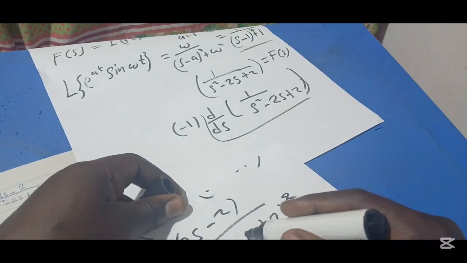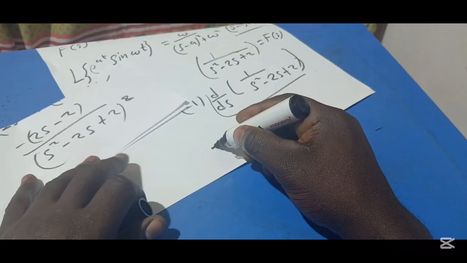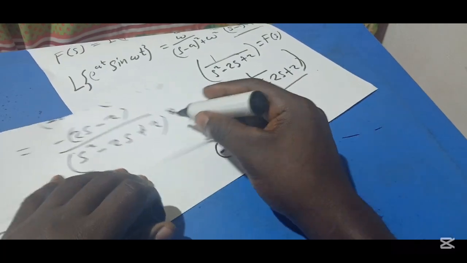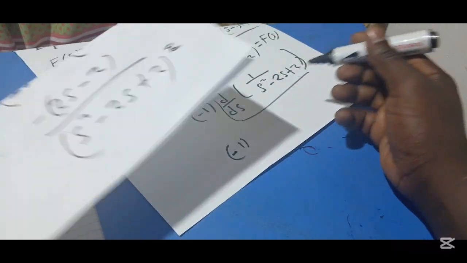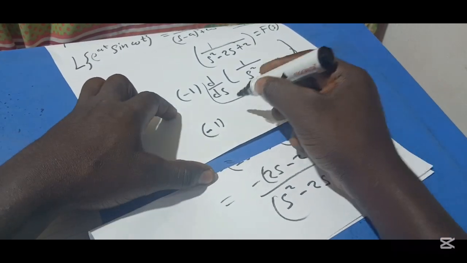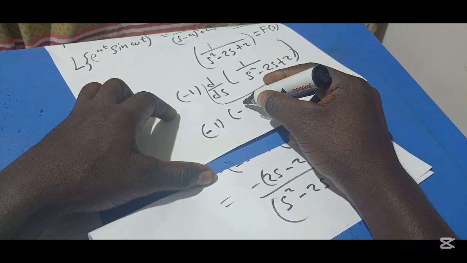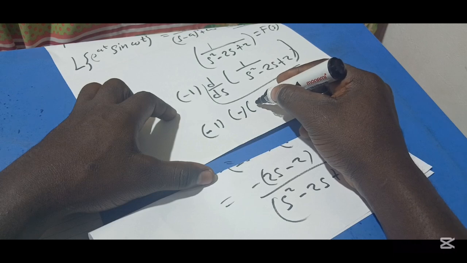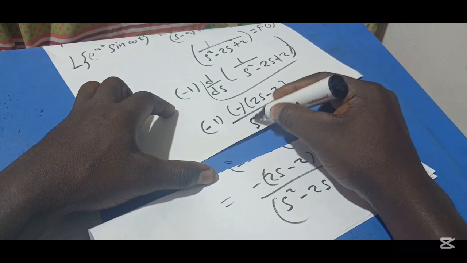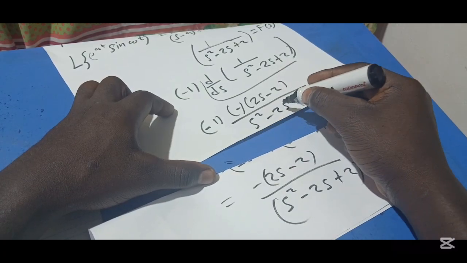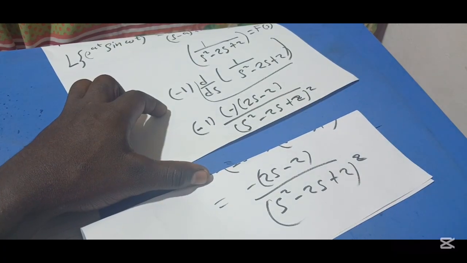So now that I'm able to find the differential of this, this whole term right here is going to be replaced by this. So I have my minus 1 already there, multiplying by all of this, which is the differential of everything here. So this is just going to be multiplying minus 2s minus 2 all over s squared minus 2s plus 2 all squared.